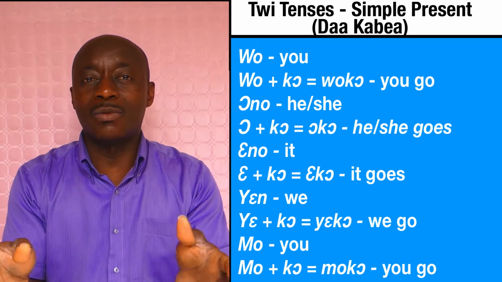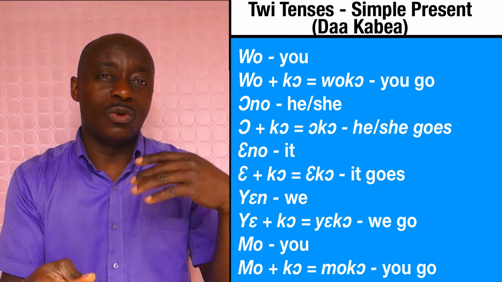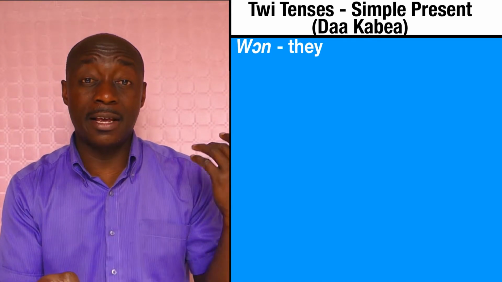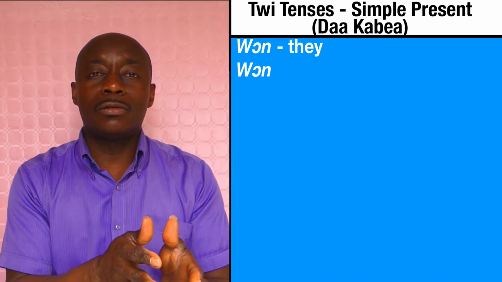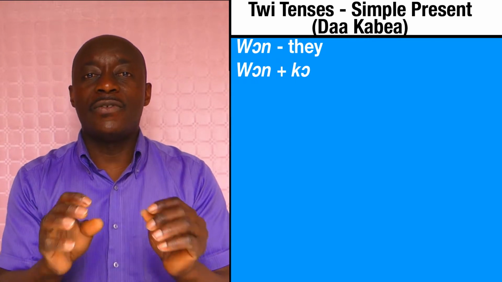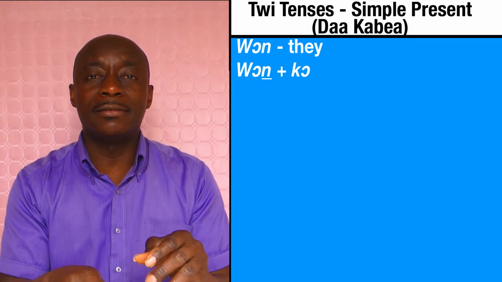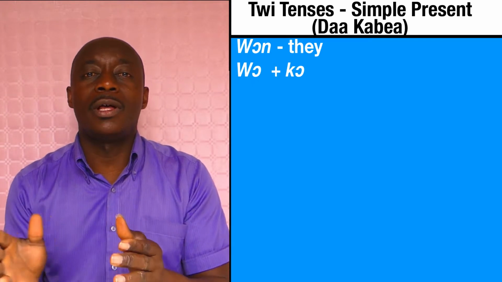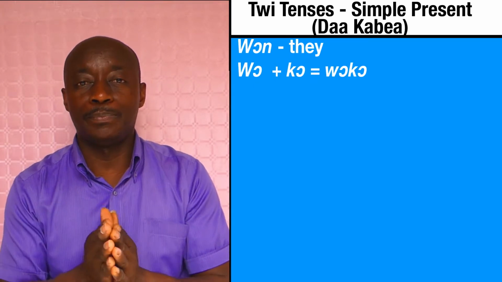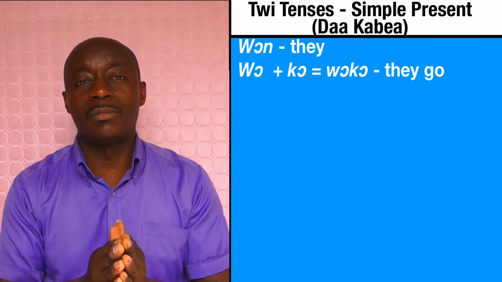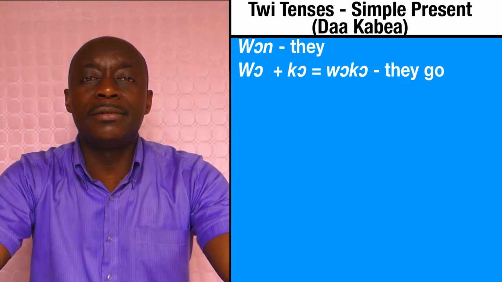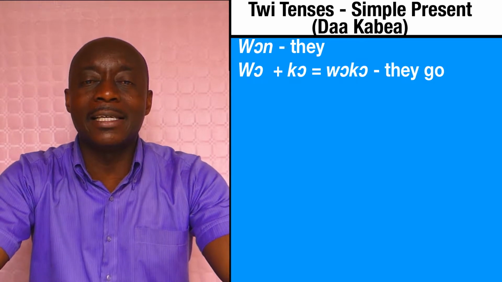You add it with the pronoun. So if we take wonn, that is they, wonn plus ko, first of all, wonn will lose the n, and then it will become wo, and then you add the ko, and we get what? Woko. They go. So these are some of the examples in simple present tense in Twi.